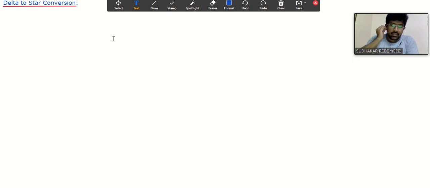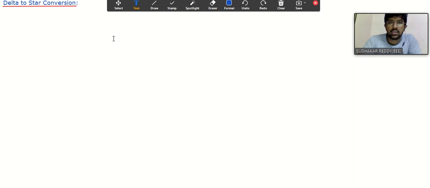If you observe the delta and star connection, in delta connection we are having three resistors, and in star connection also we are having three resistors, and in delta also we are having three outcoming terminals, and in star also we are having three outcoming terminals. Right.